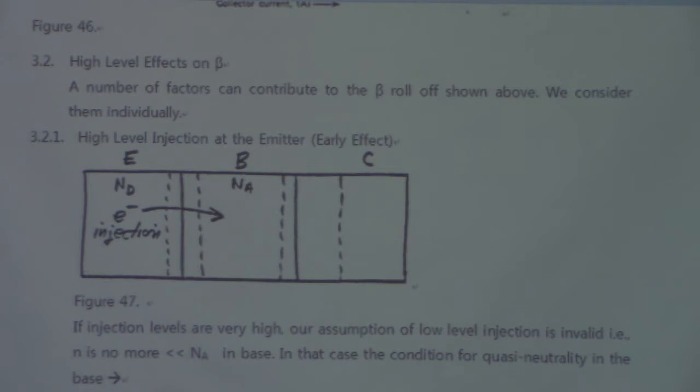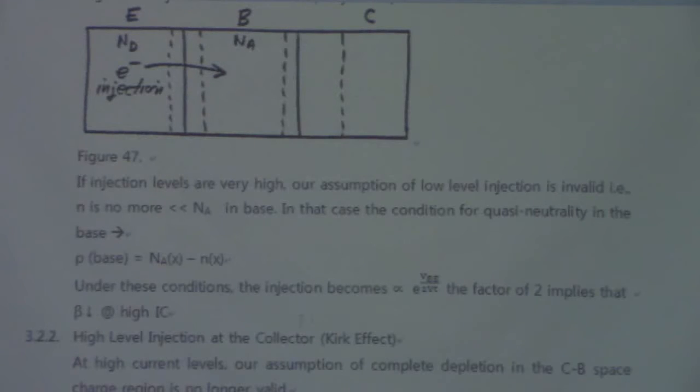And that extra charge density is going to roll off, ruining the gain of the bipolar transistor. That is the early effect. Okay, you can read this.